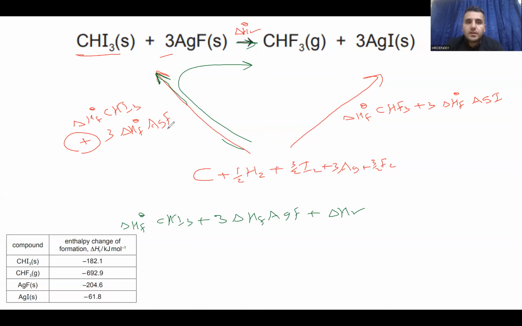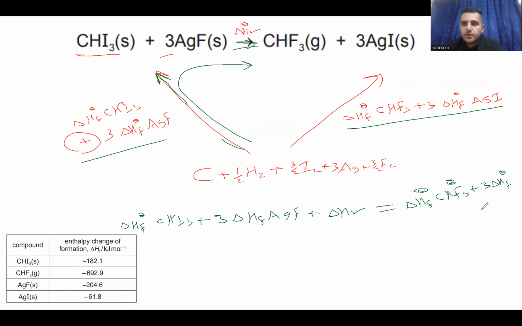So we add the values of delta H's over these arrows, sorry, and we make them equal to delta HF on the next arrow. So delta HF of CHF3 plus 3 delta HF of AgI. And we are done.